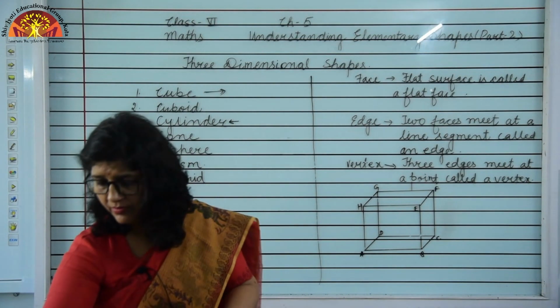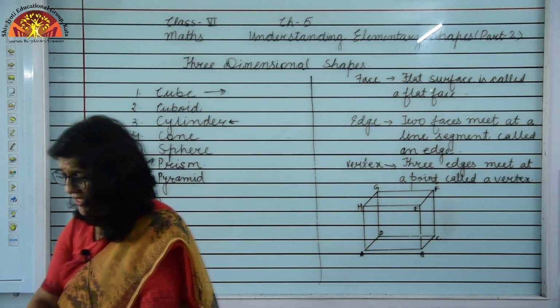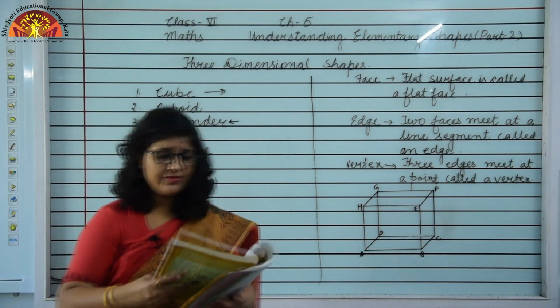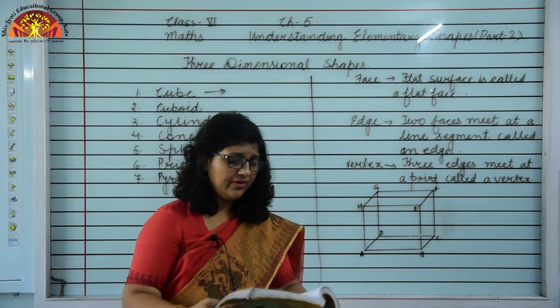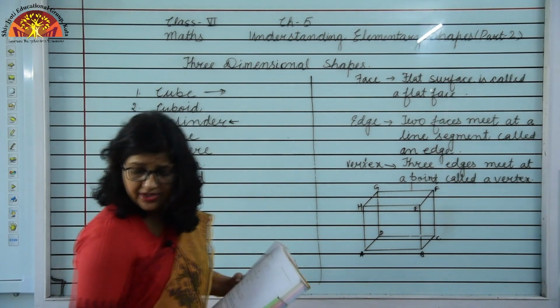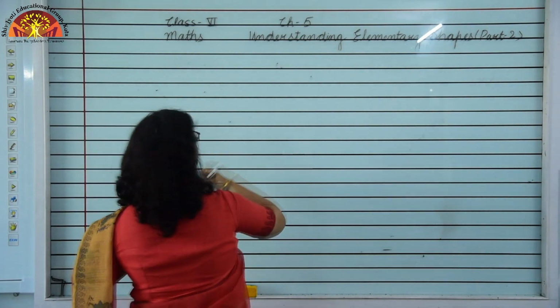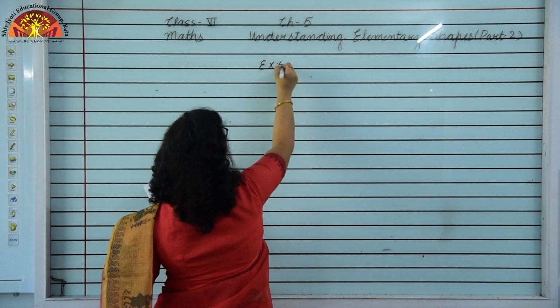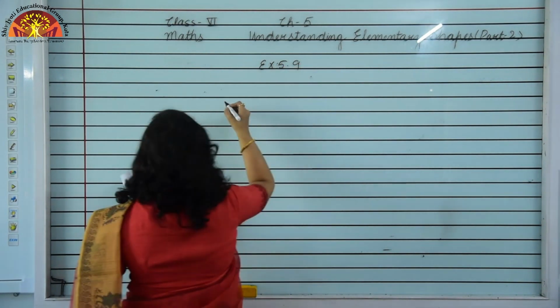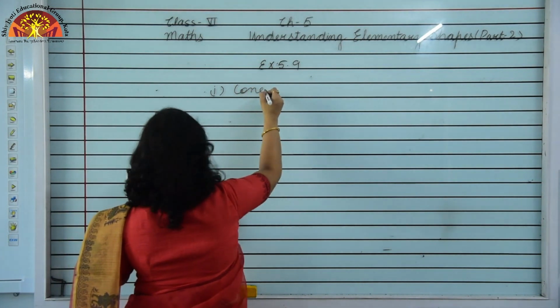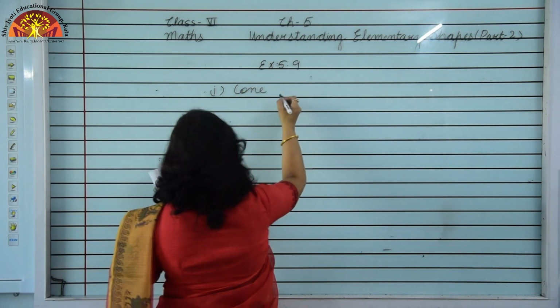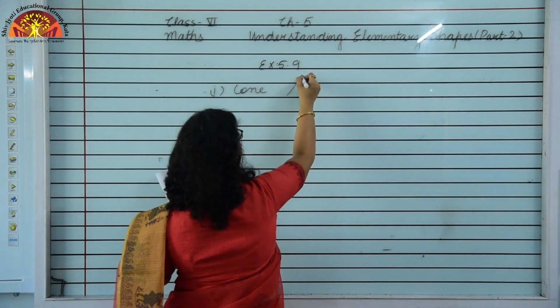Understood? Now on the basis of these shapes we have discussed exercise 5.9. Question number 1, match the following. Exercise 5.9. First is cone and we match with this shape.